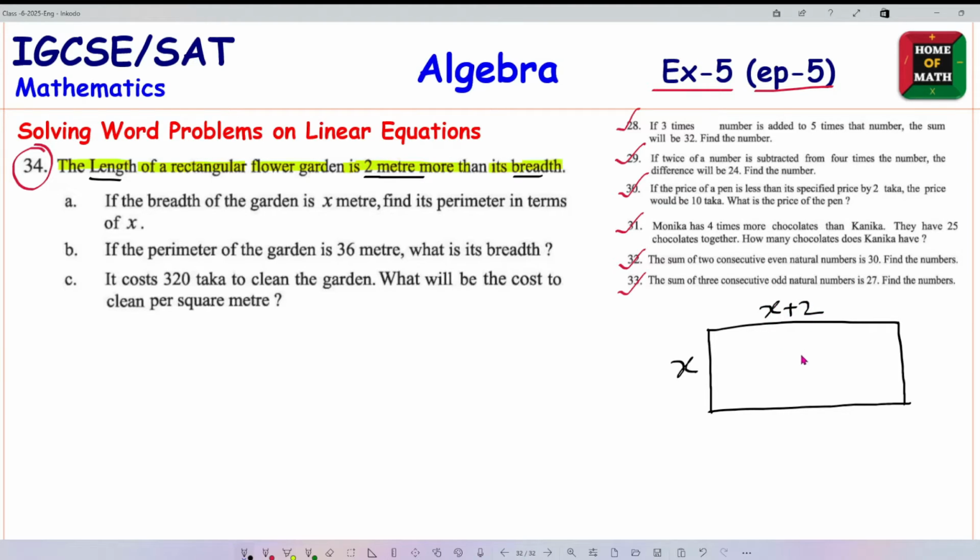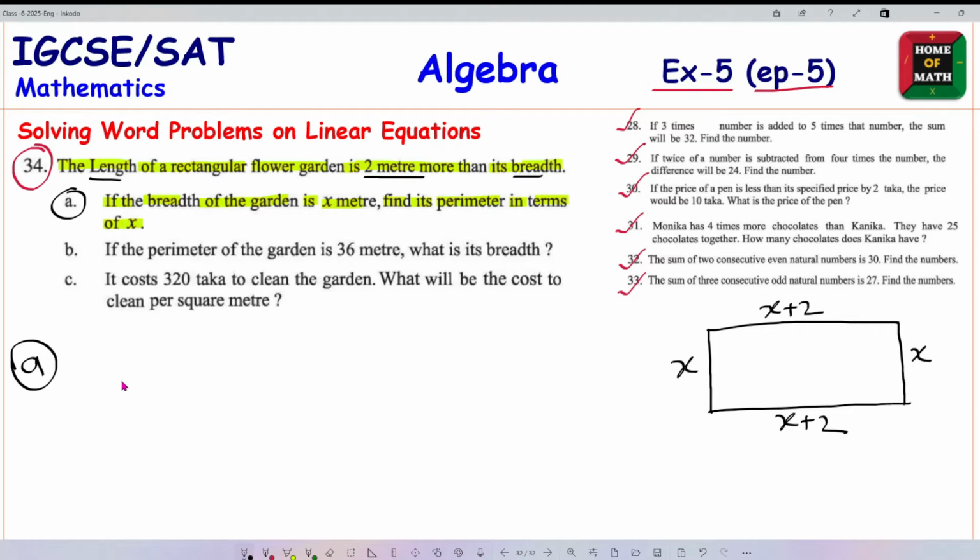Okay, so this is x and this is x plus 2. Our first question, number A. If the breadth of the garden is x meter, find its perimeter in terms of x.